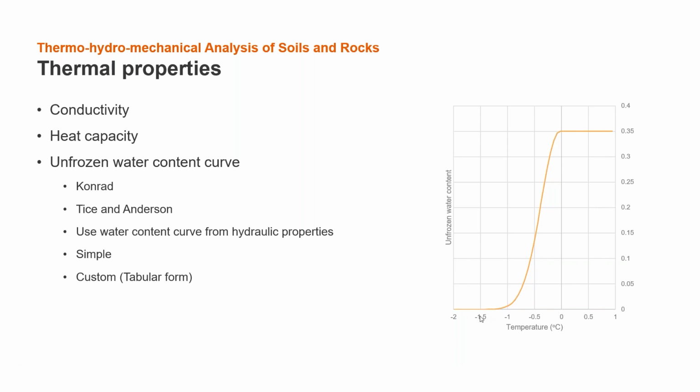You can see that when the soil temperature is less than minus 1.5, the unfrozen water content is 0, whereas it keeps increasing as the temperature increases, and when the temperature is above the freezing point, the unfrozen water content will be equal to the saturated water content value.